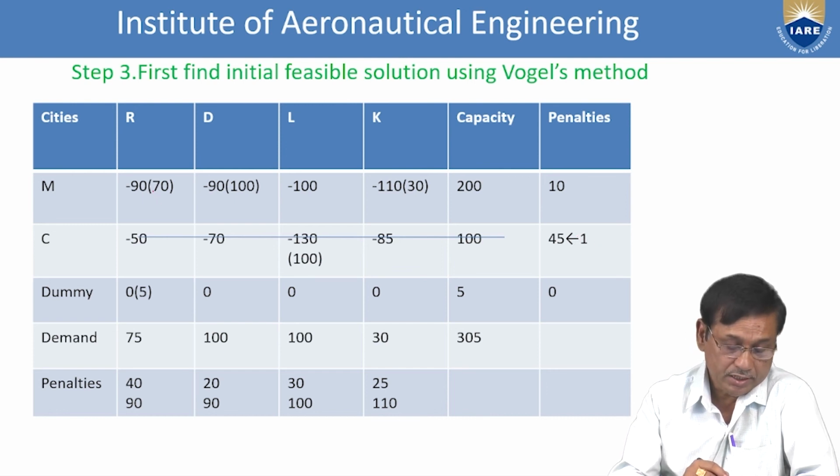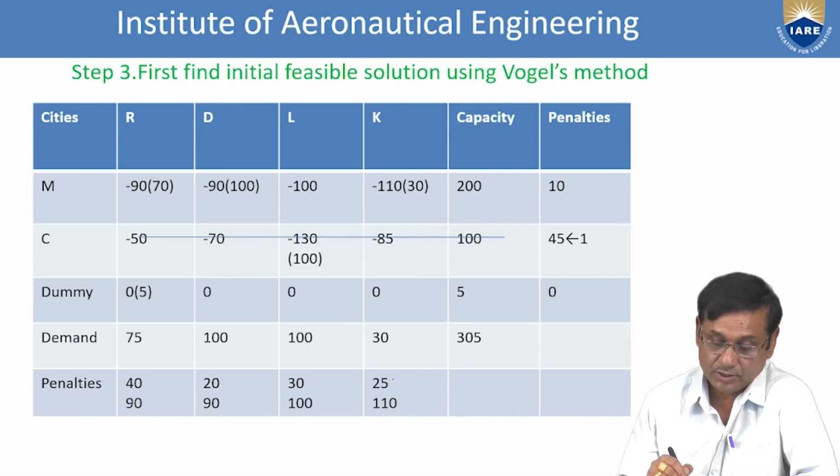Similarly, find out the penalties this side. The lowest element is minus 90, the next lowest is minus 50. So the penalty is minus 50 minus of minus 90, the penalty is 40. Similarly, in the second column the penalty is 20, third column the penalty is 30, and fourth column the penalty is 25. So now the highest penalty is 45.